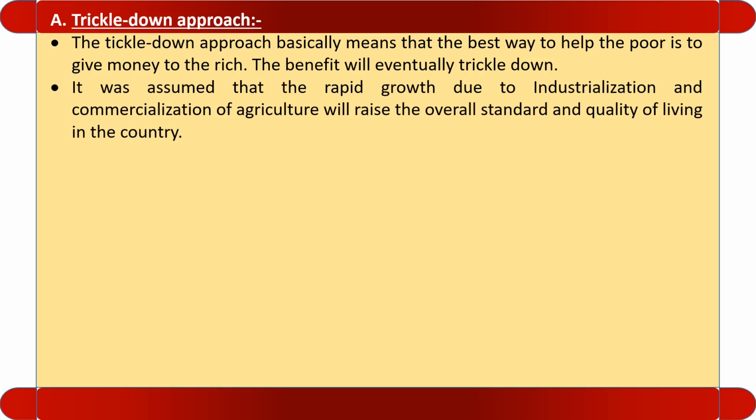It was assumed that the rapid growth due to industrialization and commercialization of agriculture will raise the overall standard and the quality of living in the country. Because of industrialization, what happens? The condition of the rich becomes better, and by improving the condition of the rich, the condition of the poor automatically gets refined. The same thing happens in the case of commercialization of agriculture.